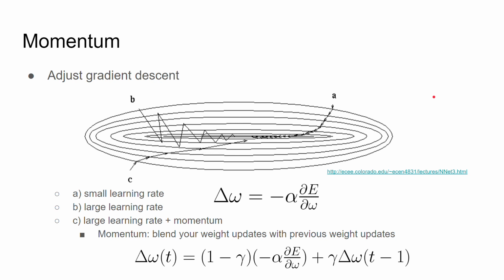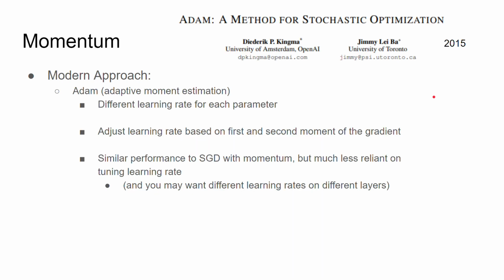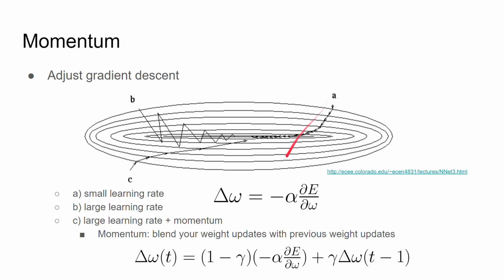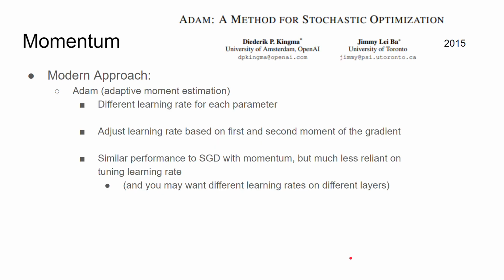Fortunately, modern techniques, by modern I mean 2015, have a standard that people have now settled on called ADAM, adaptive moment estimation. Basically it's doing this trick, but on the fly figuring out good scaling factors for this learning rate and all of these sorts of things.